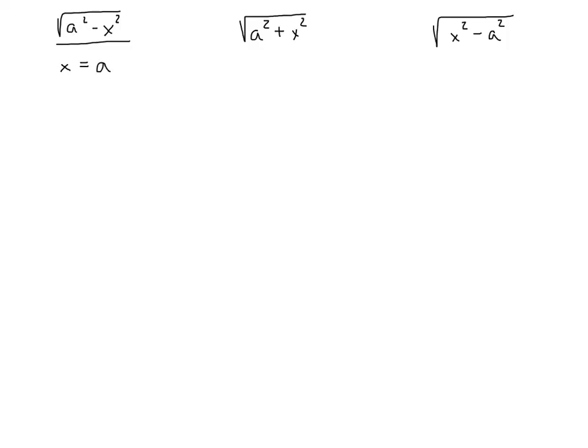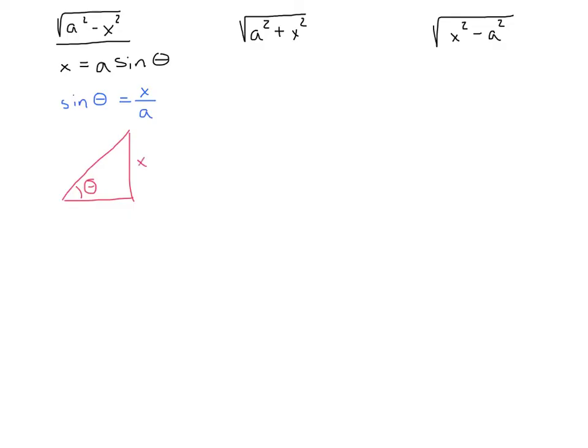So if you notice on our last problem with this one, we used the substitution that x was equal to a, in this case our a was 3 on the last problem, sine of theta. And the reason that that worked is because then the sine of theta was equal to x over a, and we could draw a triangle from there with theta in the angle, and sine is opposite over hypotenuse.